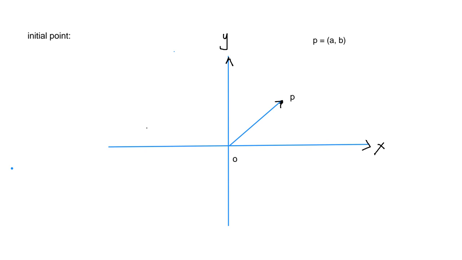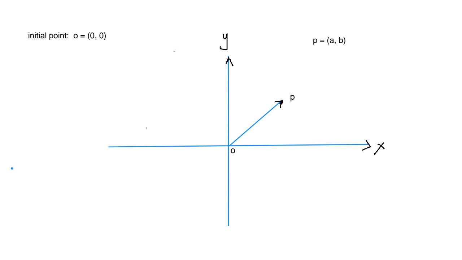That's the letter O for the origin. So my initial point is the origin O. Let me write that down. And O is a point, right? What's its value? X value is 0. Y value is 0.